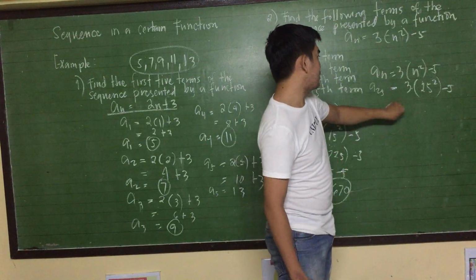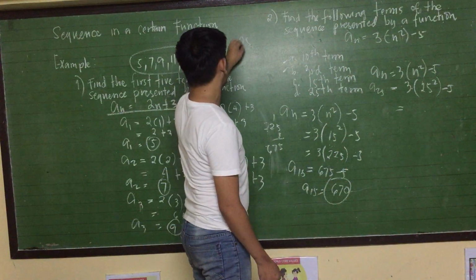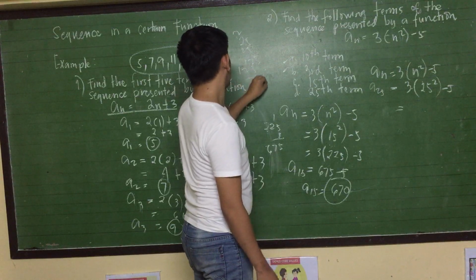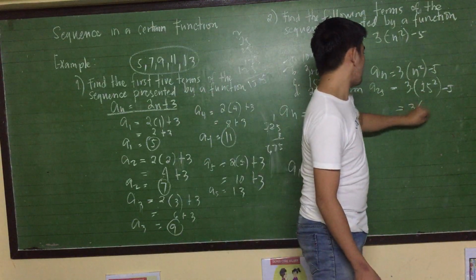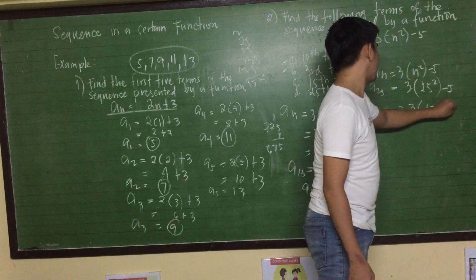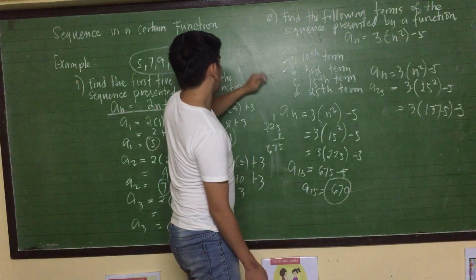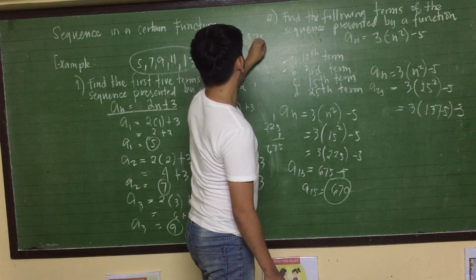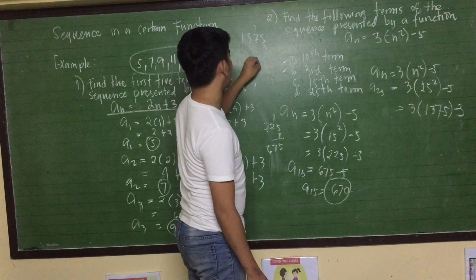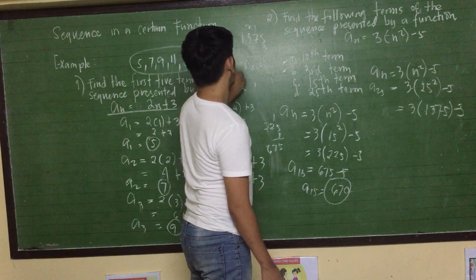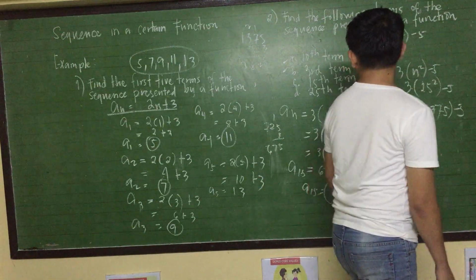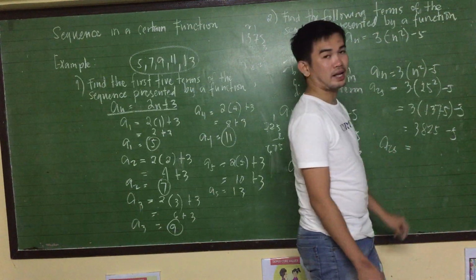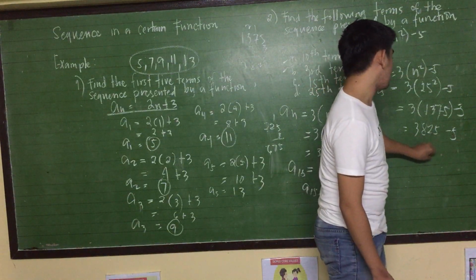Now, let's do the math. We have 25 times 25, which is 625, and 3 times 625 is 1,875. Then 1,875 minus 5, so our 25th term, a sub 25, is 1,870.